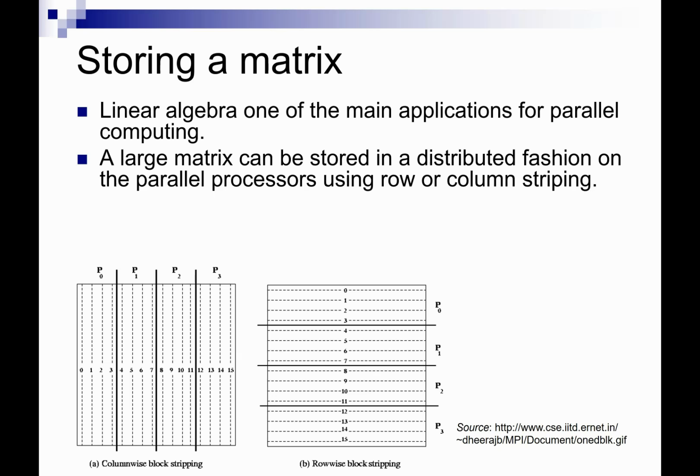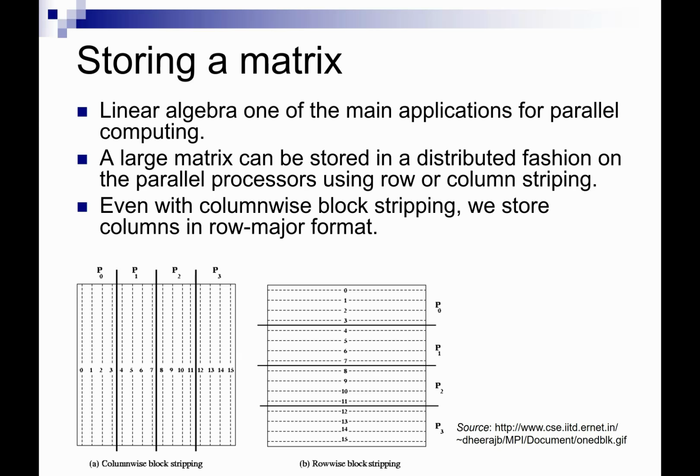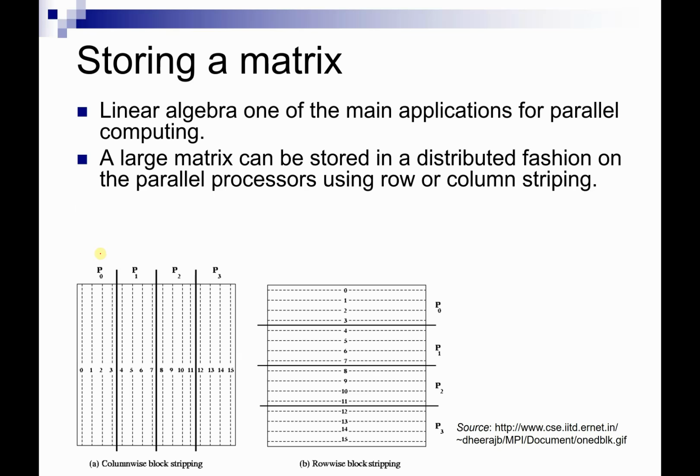There are different ways of dividing the matrix. Two simple ways are to either break up the matrix in terms of its rows or its columns. That's going to be called row or column striping. So for example, if we break up the matrix in terms of its columns, then we have a column-wise block striping.